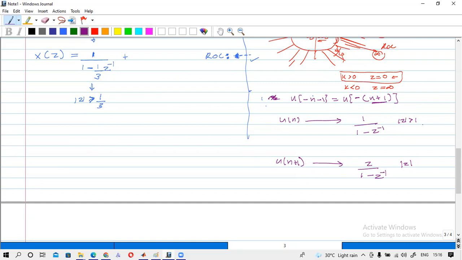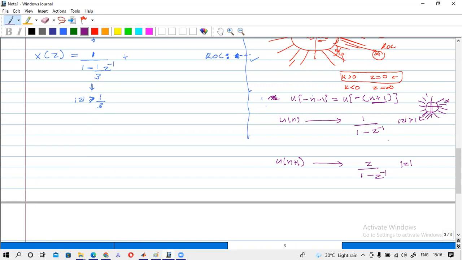Here we have the infinity. For this ROC we have the infinity, because we have |z| greater than 1, meaning the region outside the unit circle. Within this ROC, infinity is there.